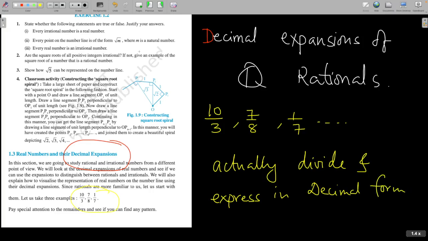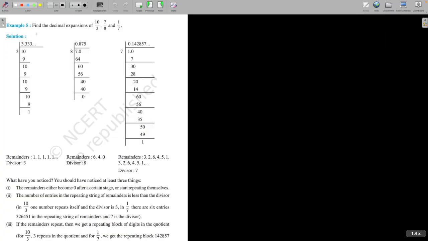So what happens is, on the next page, here are the answers. The first one gives you 3.333, the next one gives you 0.875, and the next one gives you 0.142857, and then it repeats 142857 and so on, and this is sometimes written as 0.142857 recurring.